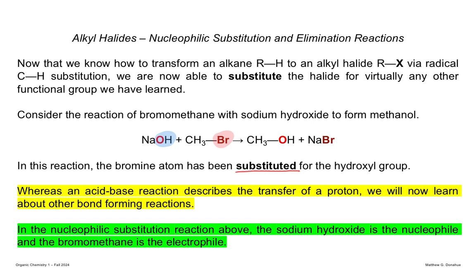So instead of using the words acids and bases, we're going to use two other words, nucleophile, electrophile. In this case, the sodium hydroxide is the nucleophile, and the bromomethane is the electrophile.